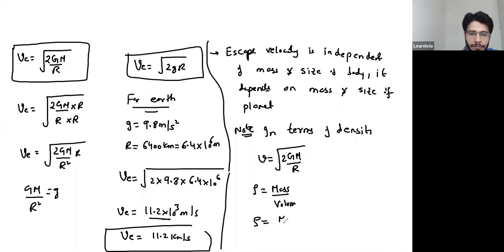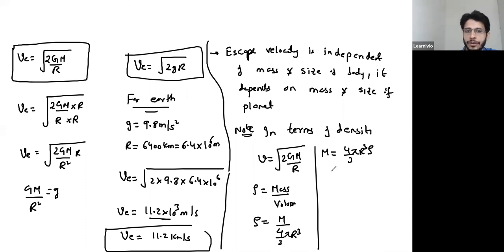Since Earth is a sphere, its volume is 4 by 3 pi R cube, so you can write M as 4 by 3 pi R cube rho. Substituting the values, escape velocity comes out to be root over 2G times 4 by 3 pi R cube rho over R.